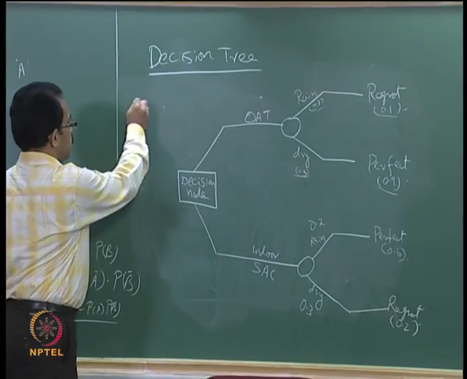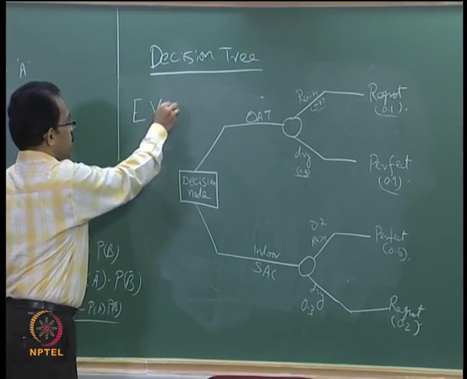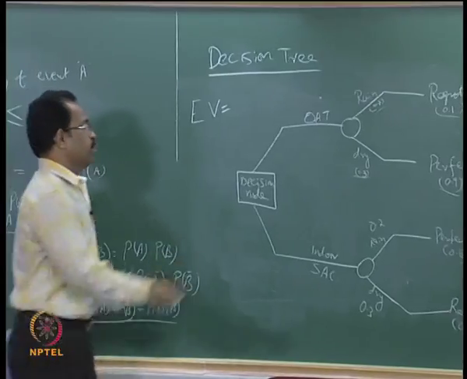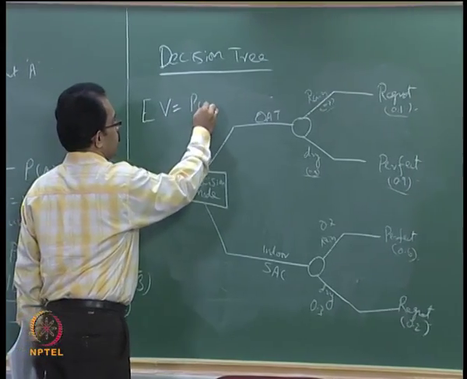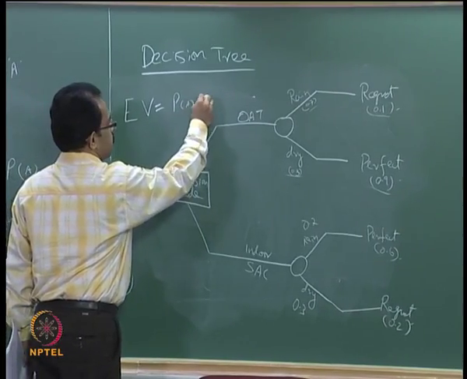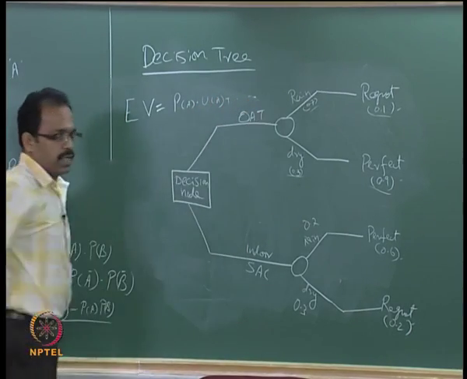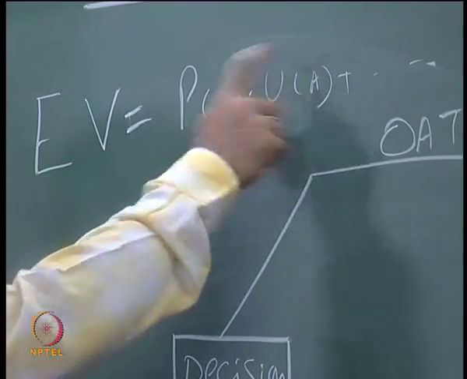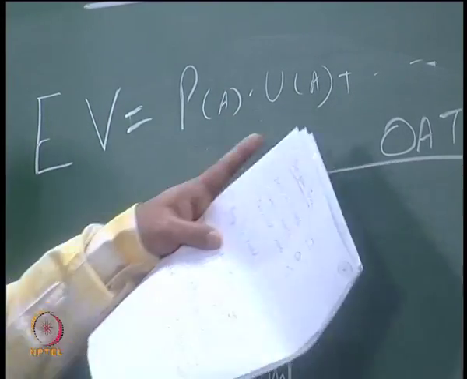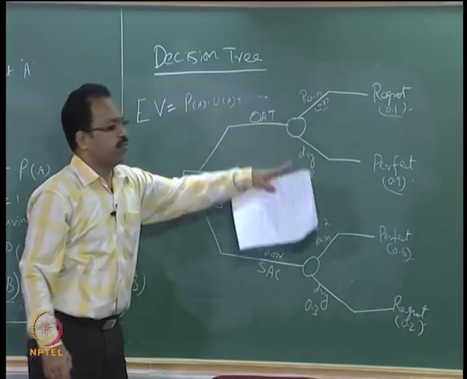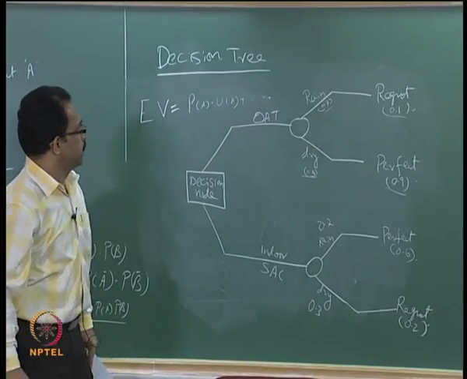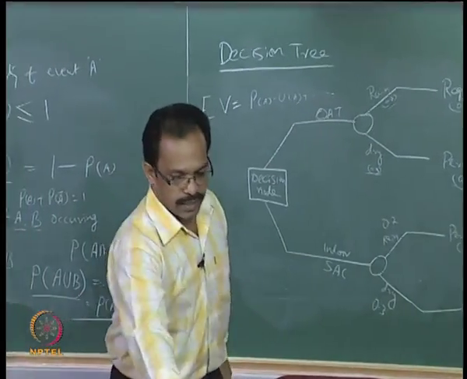The expected value of the decision can be calculated by taking the probability of A multiplied by the utility of A, plus the probability of A not happening multiplied by the utility of A not happening, that is the complement. That way you can calculate the values.